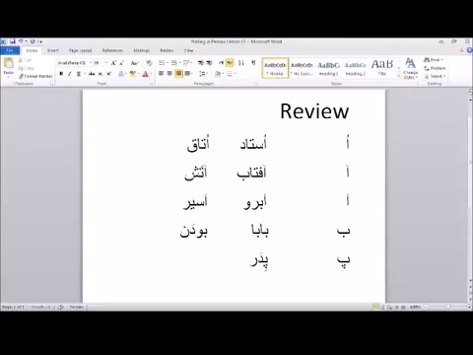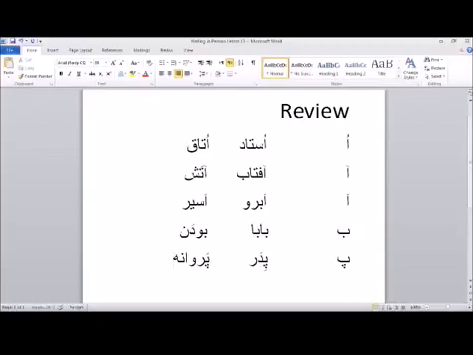And we have Parvane, P, A, R, V, A, N. Remember that A, if it is in the middle, doesn't have any hat, but this one is at the beginning. That's why it has a hat. But if it is in the middle or final, there is no need for that. Parvane means butterfly.